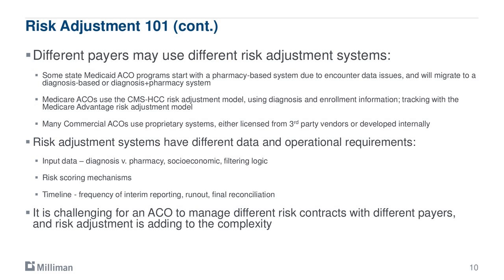I do want to mention that the complexity here is, if you're an ACO, you might be in several different ACO payment risk contracts with different payers within the commercial domain, and you could also have Medicare and Medicaid deals too. Different payers could be using different risk adjustment systems. Overall, it's fairly complex to manage from a data perspective and a settlement timeline perspective, in terms of how frequently you would be getting interim settlement results from your payers.